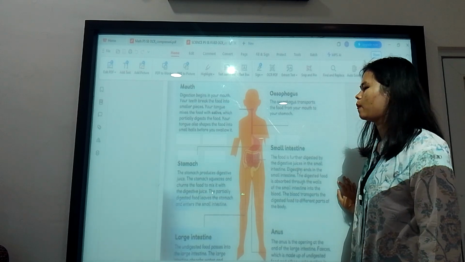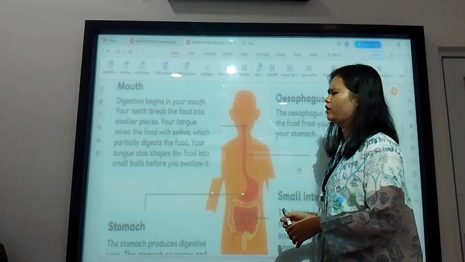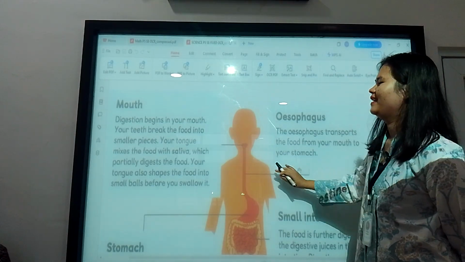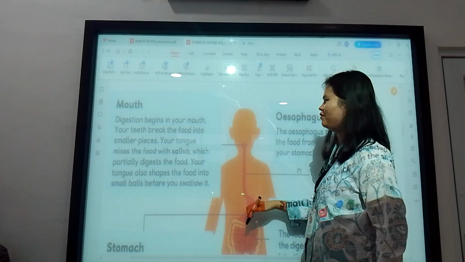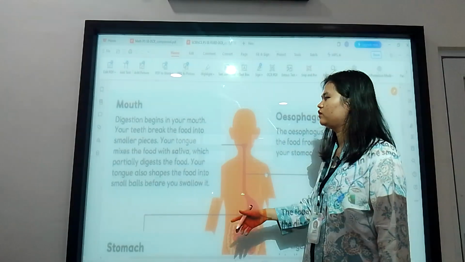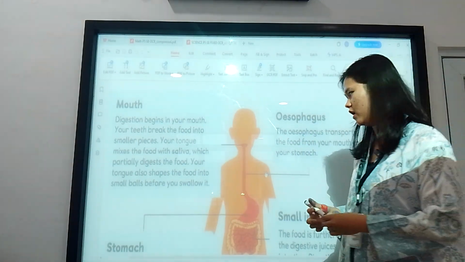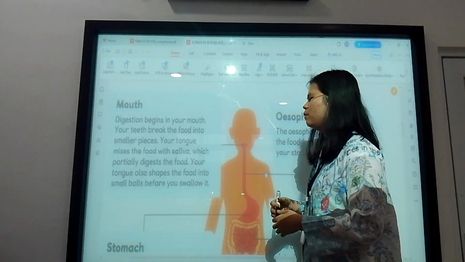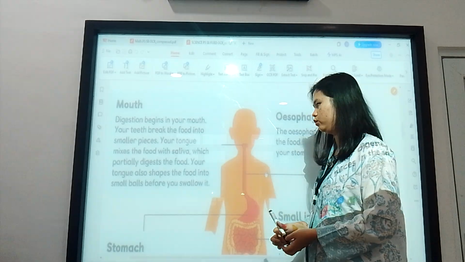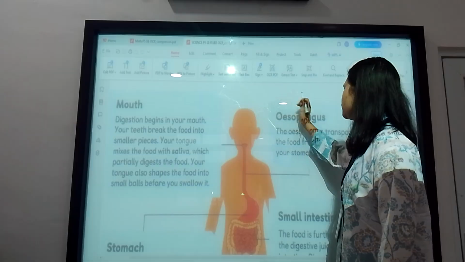The first process, we eat the food using our mouth. Then we chew the food in the mouth using our teeth to break it down into smaller pieces, and our tongue mixes it with the saliva, which makes the food wet so it can be easily swallowed. After the mouth, next is the esophagus.